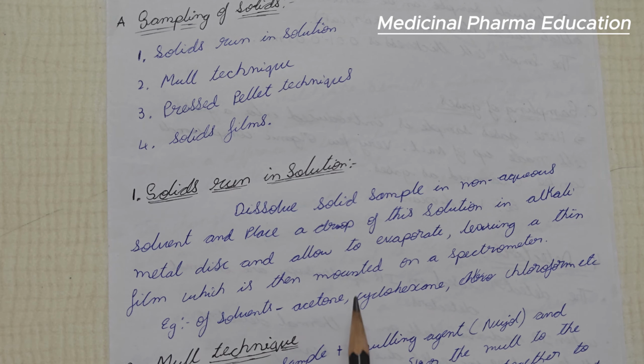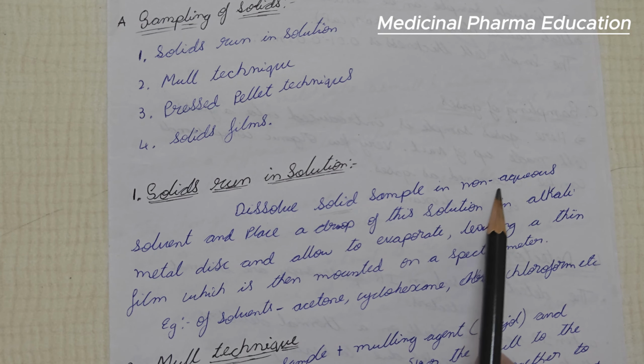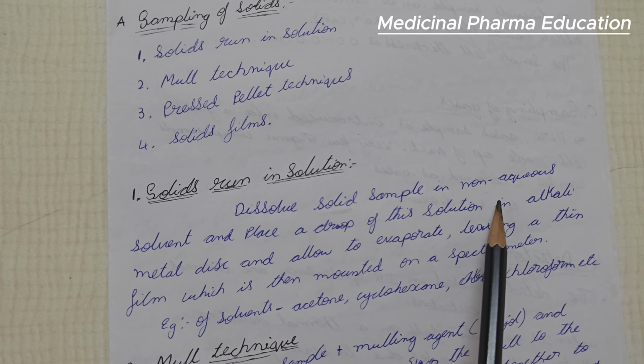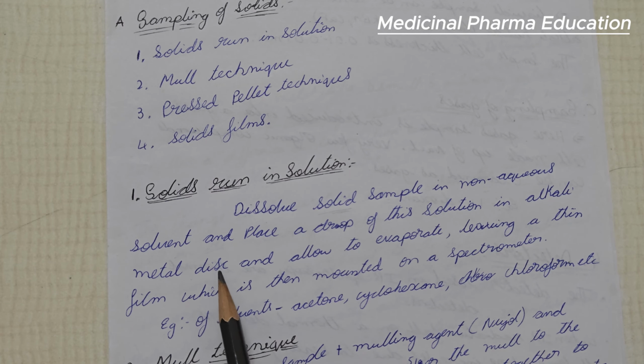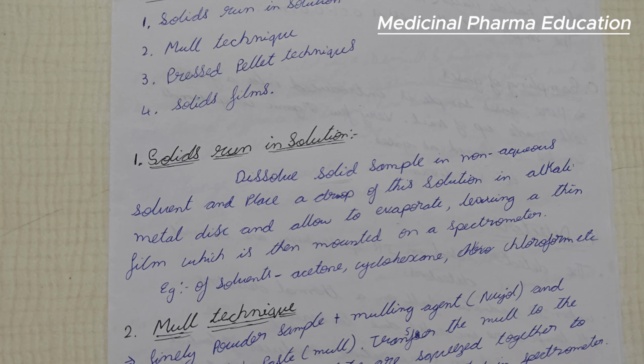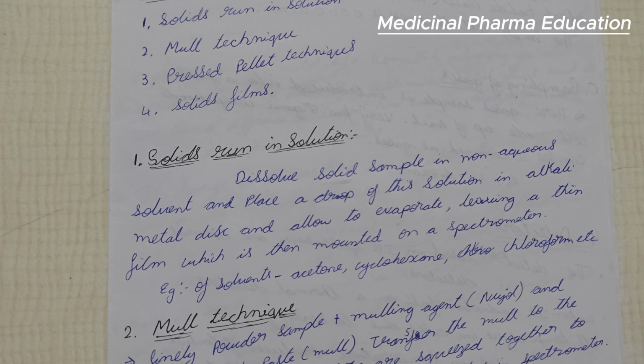We take the solid and dissolve it in a non-aqueous solvent, take a drop of the solution, and transfer it to the alkali metal disc, and it is allowed to evaporate, leaving a thin film. The thin film is mounted into the spectrometer. Examples of solvents used are acetone, cyclohexane and chloroform. This is the basic technique and very important.